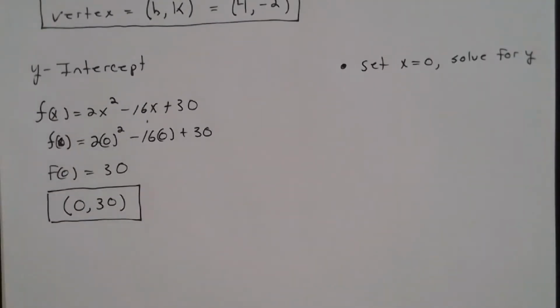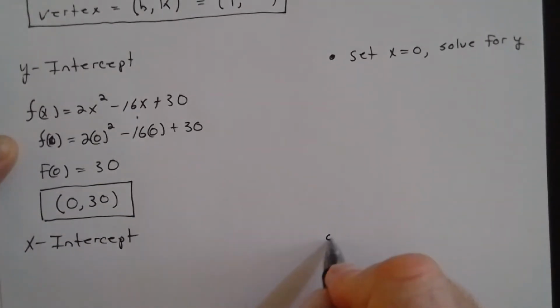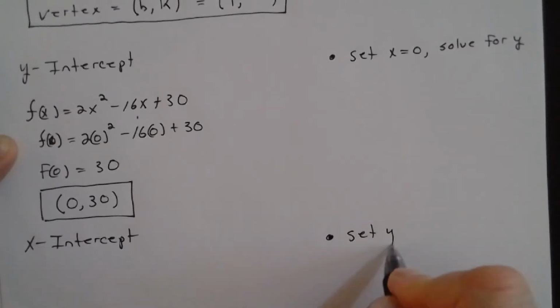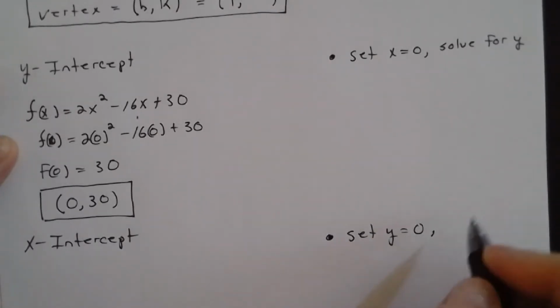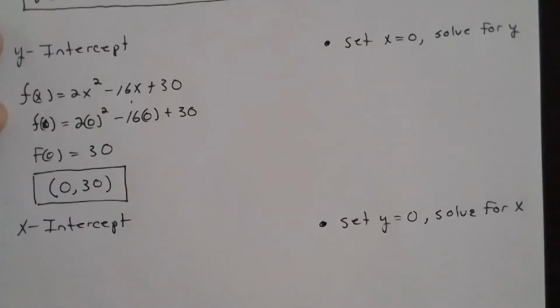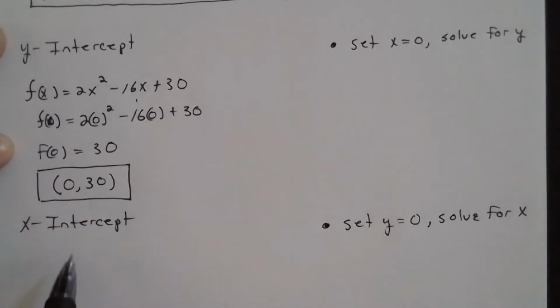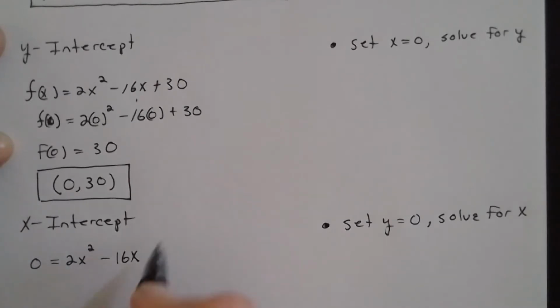Now our x-intercept is more difficult. The x-intercept is determined by doing what? Setting y to 0 and solving for x. And so, using our function, we have 0 is equal to 2x squared minus 16x plus 30.